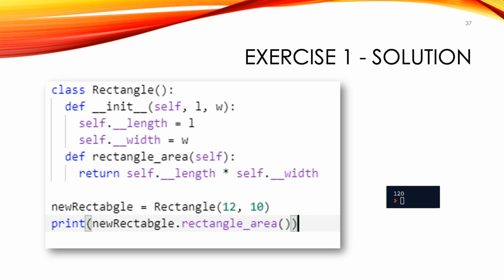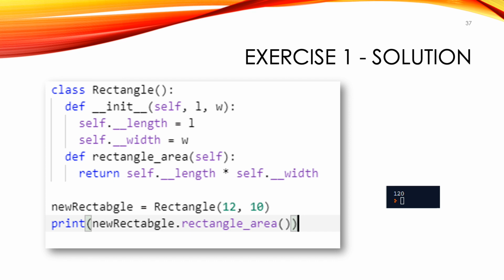We are defining a class named Rectangle, and then the constructor takes two parameters, L and W respectively. Don't forget the self. Then this constructor assigns L to the attribute length and W to the private attribute width.